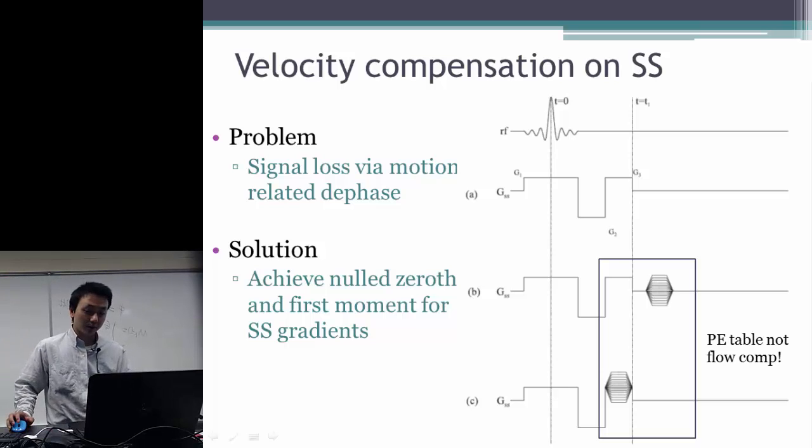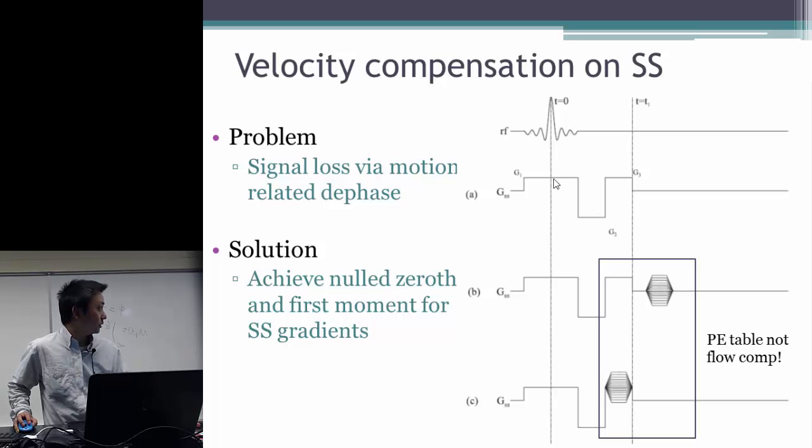So how about the flow compensation along the slice direction? Just the same as the readout, if we do not have any flow compensation, if we just play out the slice select gradient along with the RF pulse and assume that the RF pulse takes instant effect at its center, then we only need a simple bipolar gradient, right?